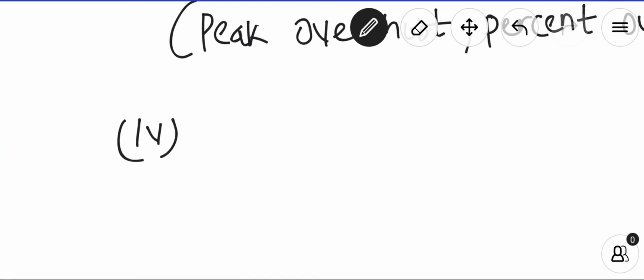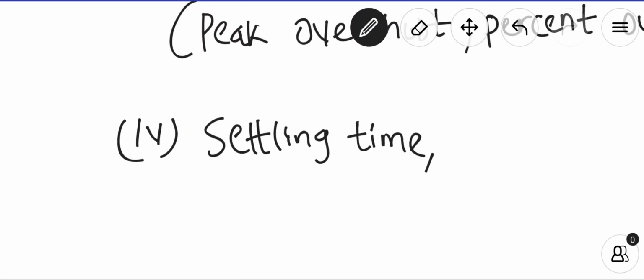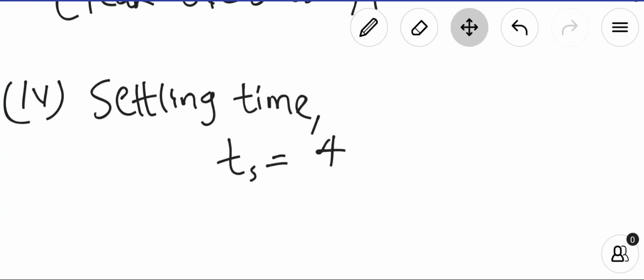For the last specification, settling time, Ts. In the transient state response, the oscillation varies, but once it gets to 2% or 5% of the final value of the output response and remains constant, the time taken for it to get to that point is known as settling time.